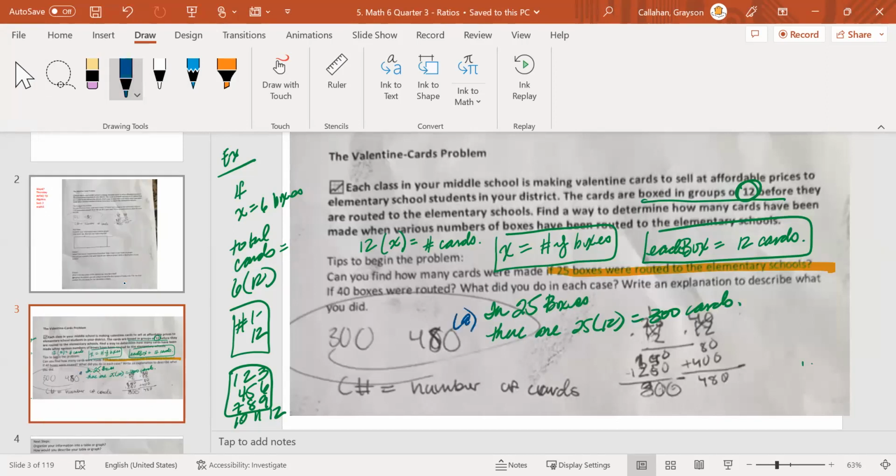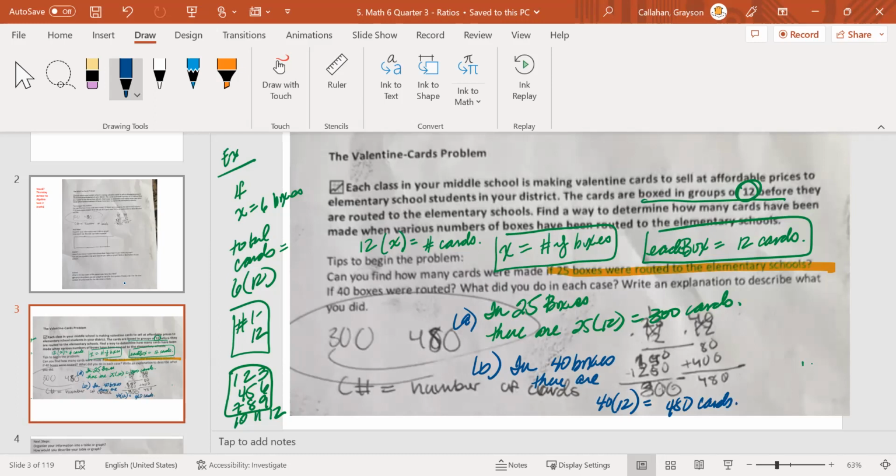This is part A. Part B. In 40 boxes, there are how many? 480 cards.